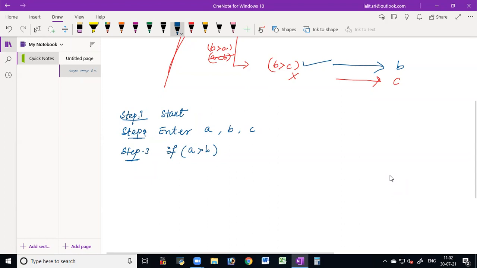If A is greater than B, again check if A is greater than C, then display A is the greatest.